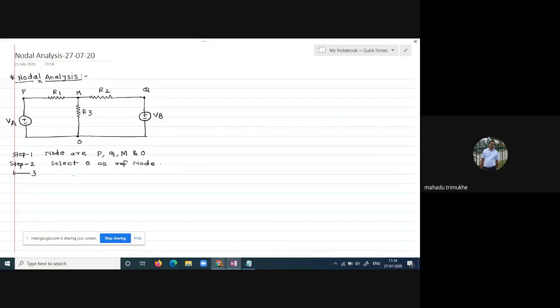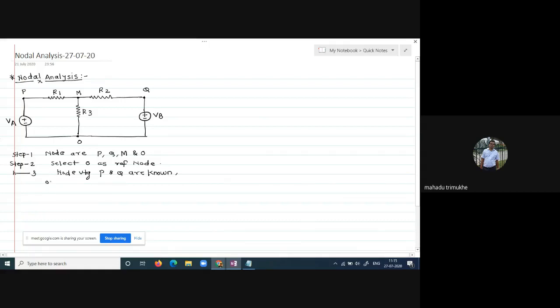Here the node voltage VA is present at node P and VB is present at node Q. Means the node voltages at P and Q are known. Which is an independent node present in the electrical network? Only node M is an independent node.